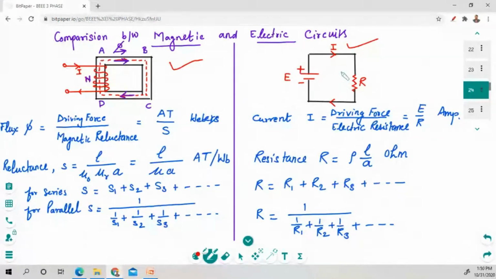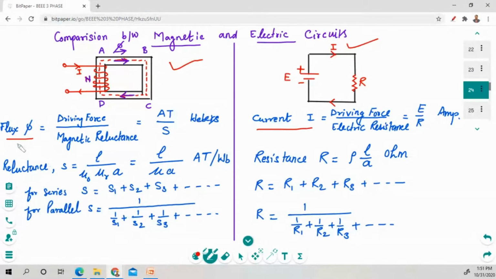Okay. So first thing we have discussed is that we have flux in a magnetic circuit. Okay. So in any closed path, magnetic flux is flowing. Okay. But when you see in an electrical circuit, current is flowing through the complete circuit.